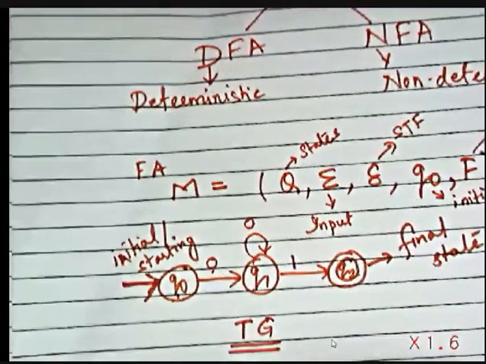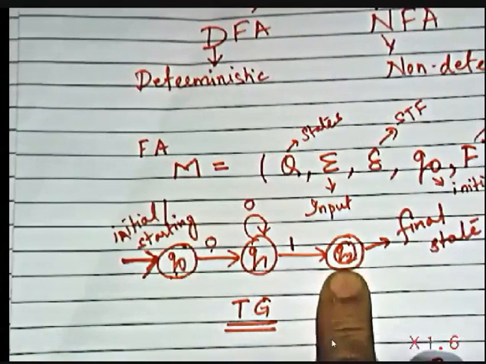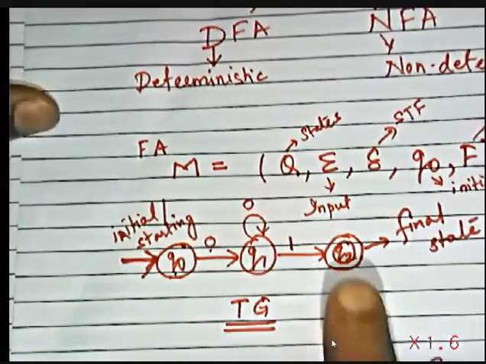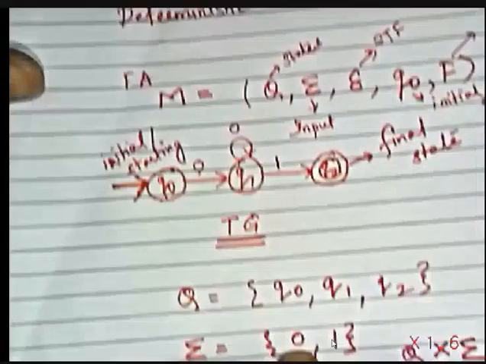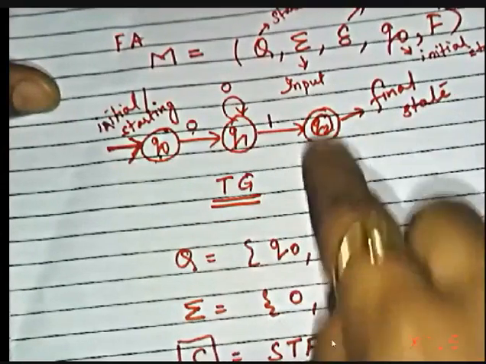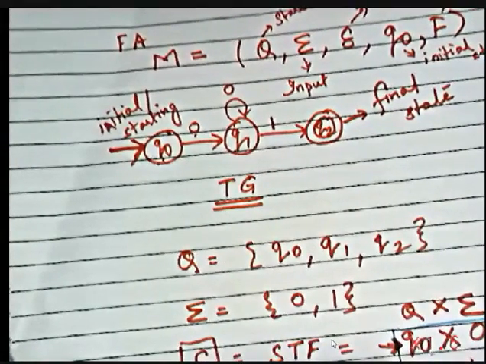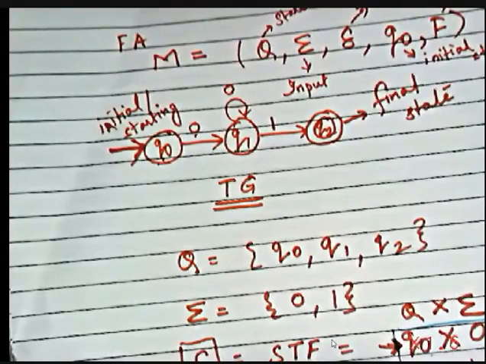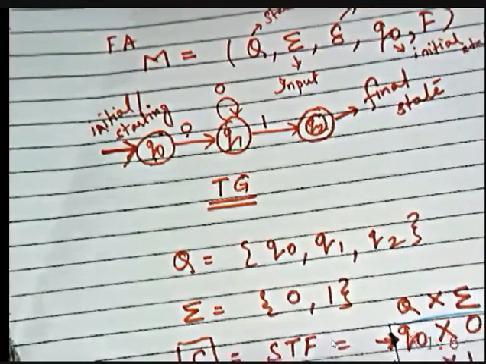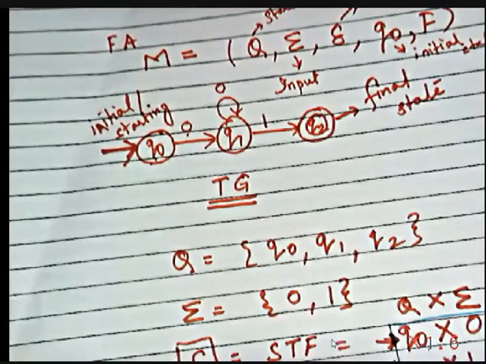There is no outgoing edge from Q2, either for the input symbol 0 or the input symbol 1. So here I can say that there is no entry for Q2 on 0, it is going nowhere. Similarly, Q2 on 1 goes nowhere.